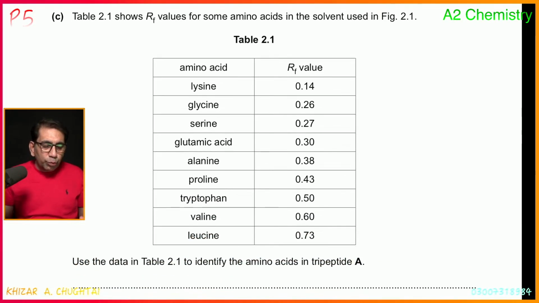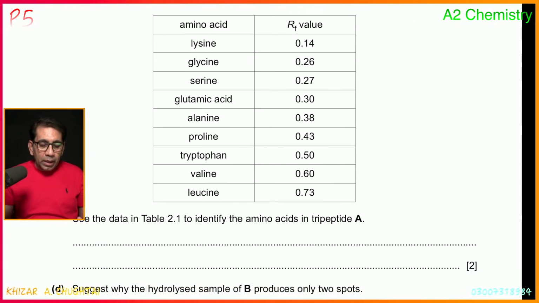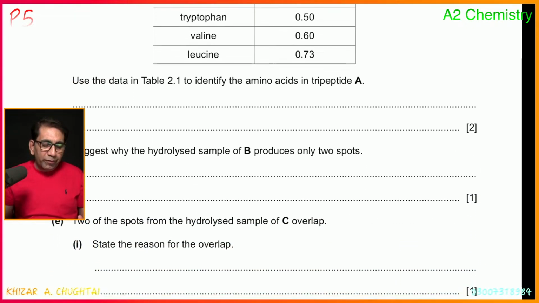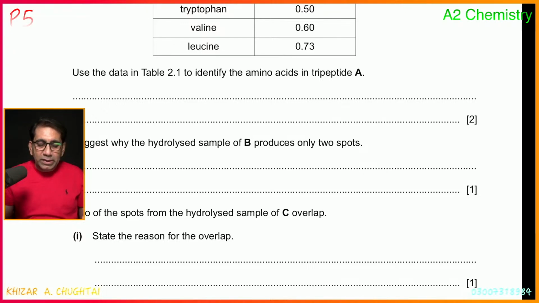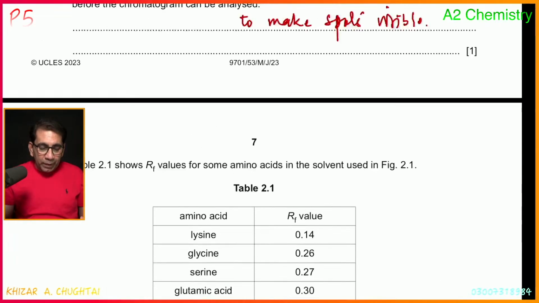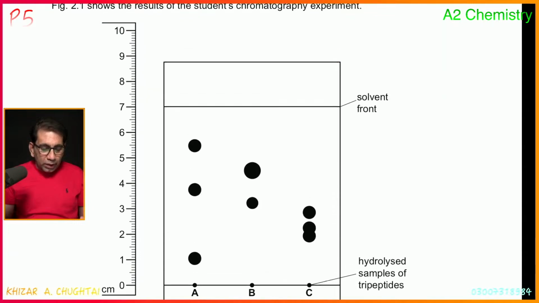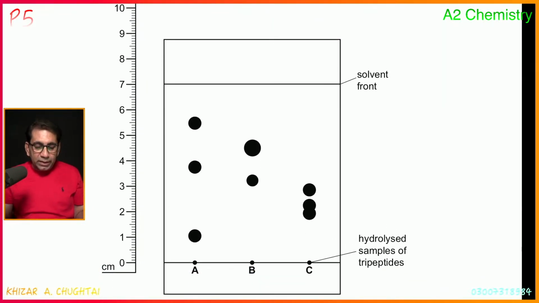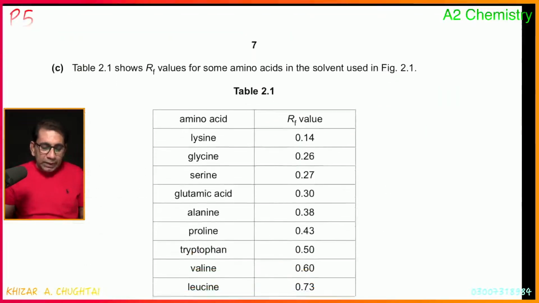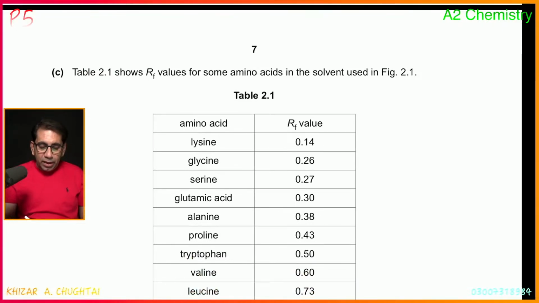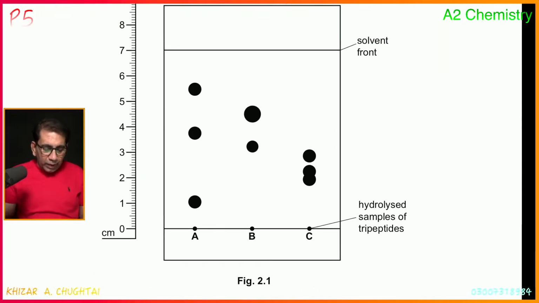Part C, table 2.1 shows RF values of some amino acids in the solvent used, figure 2.1. Amino acid RF values are given over here. Use the data in table 2.1 to identify the amino acids in tripeptide A. Here you can see that a ruler is given beside this chromatogram. So I'm going to find the different amino acids, and they have different RF values.